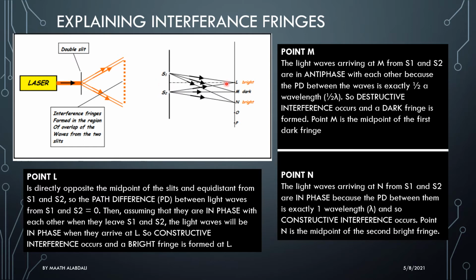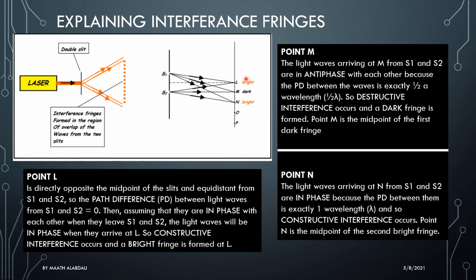If you draw a line in here, it's going to be equidistant. So the path difference between the light waves from S1 and S2 is 0. This means that the waves are in phase with each other when they leave S1 and S2.